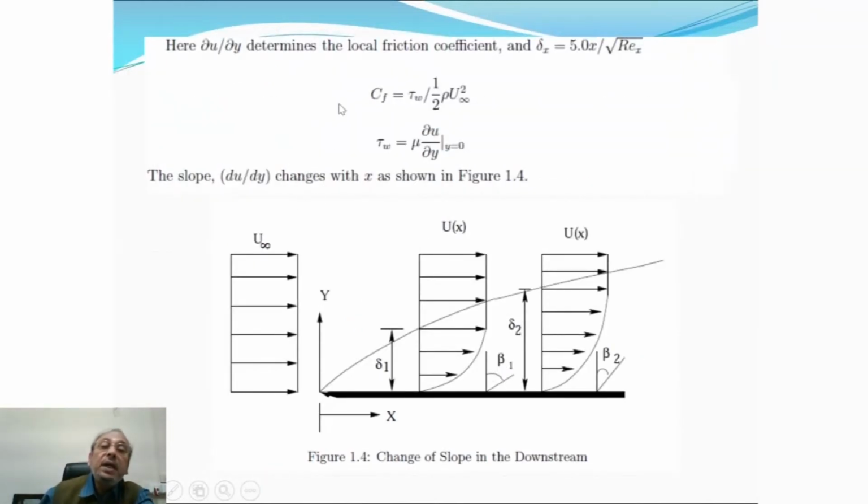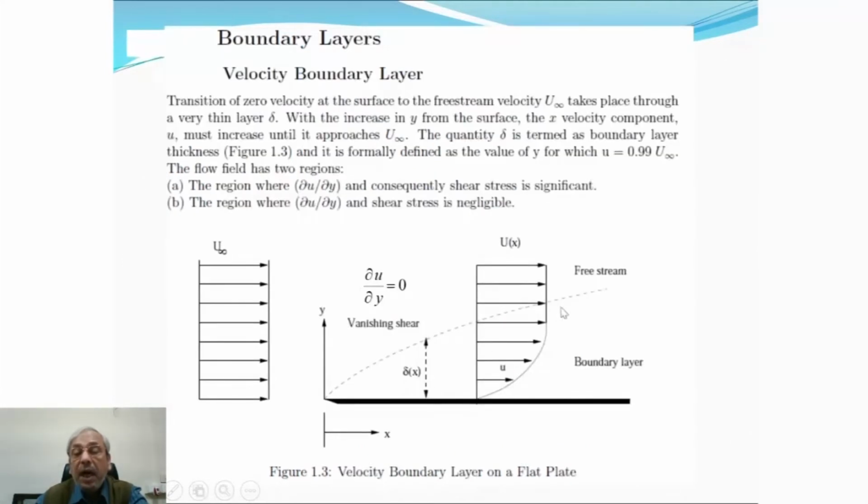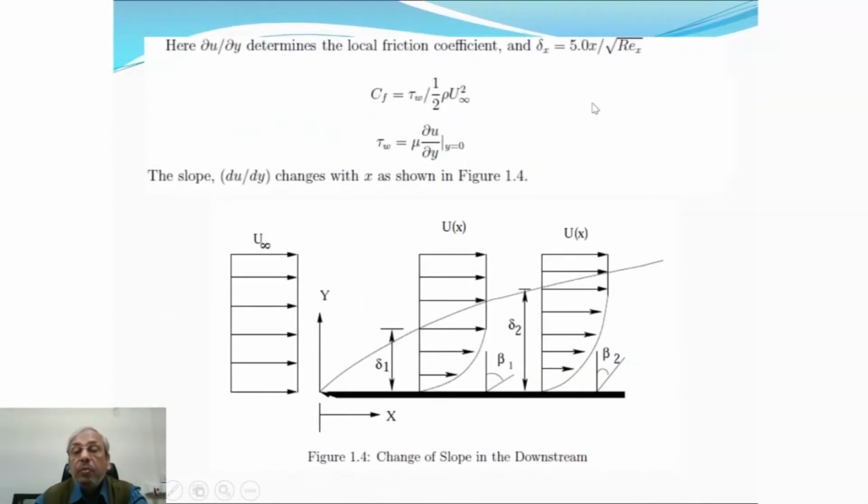Here, del u del y determines the local friction coefficient, and from our fluid mechanics knowledge, we have seen that the growth of delta is proportional to x to the power half, and we can more formally write it as delta as a function of x.